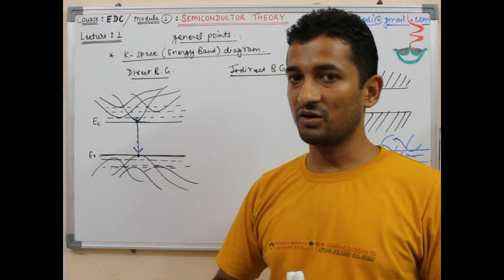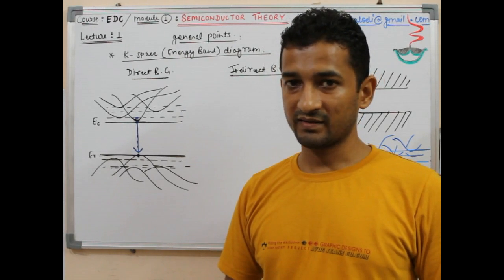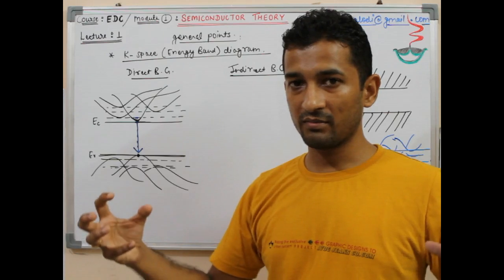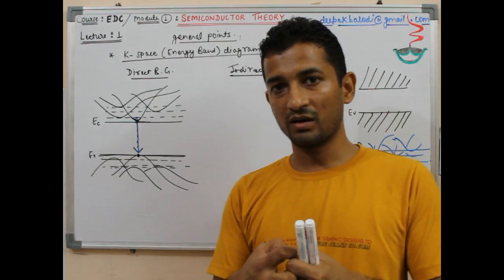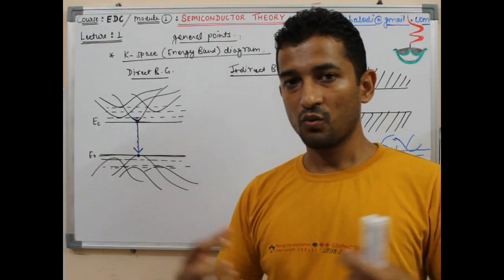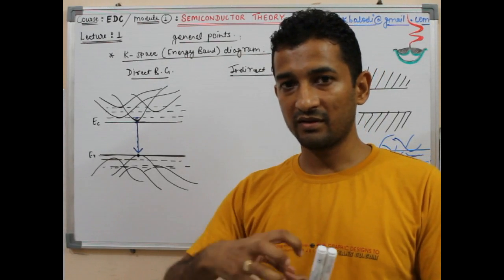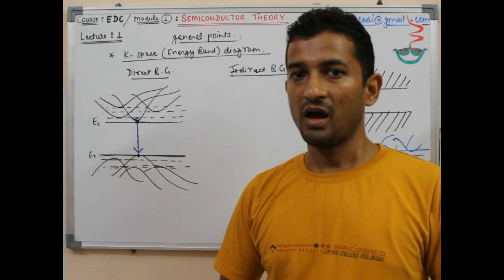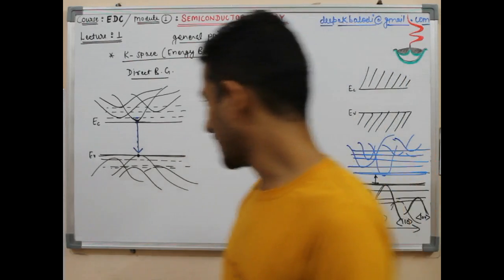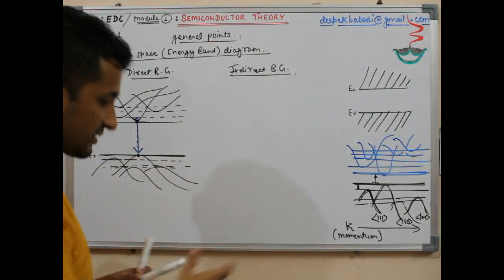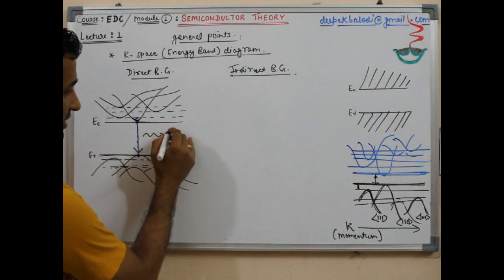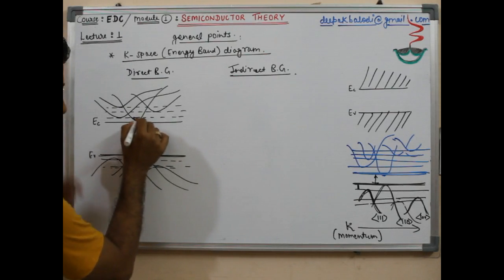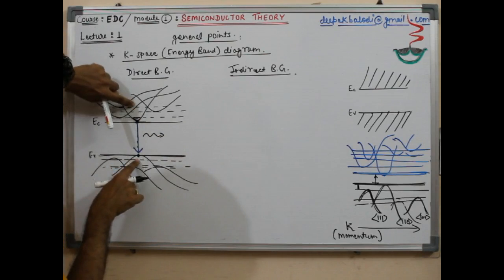So momentum is not transferred to the lattice space. This whole momentum collapses when both the electron and hole combine with each other. When the momentum collapses, it is released in the form of a photon. So this momentum is translated to energy. When this comes out, this is the energy which corresponds to either this minus this or this minus this.